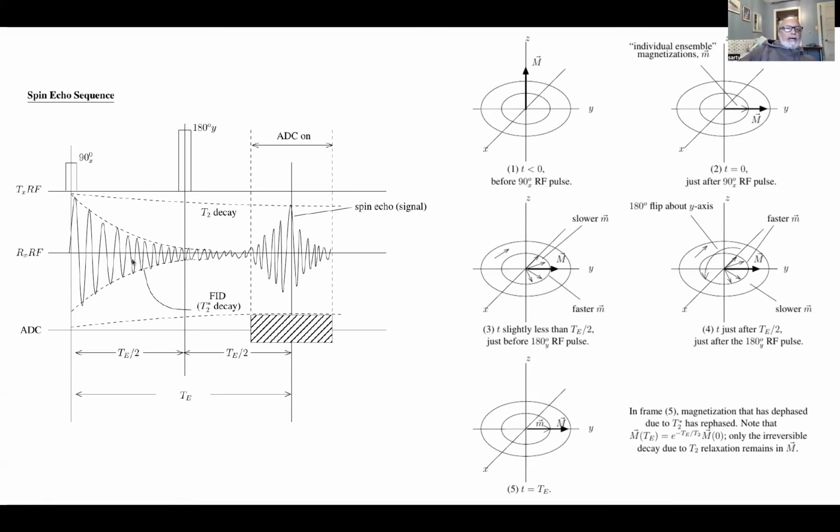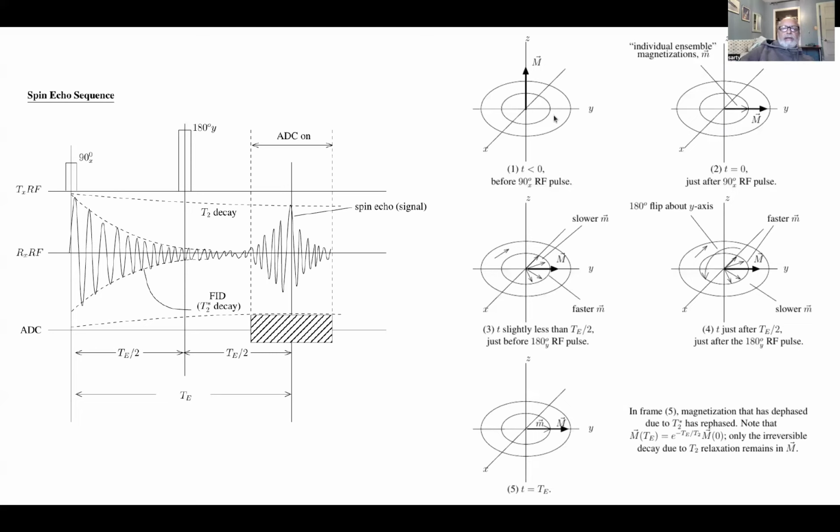I've been told that you guys have seen the basic Bloch equations. And so what these little pictures on the side here represent is what happens to spins in the rotating frame.